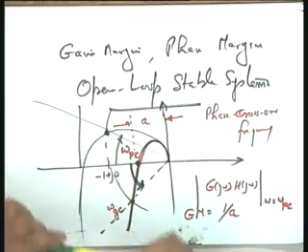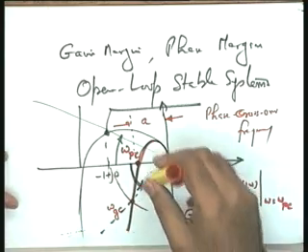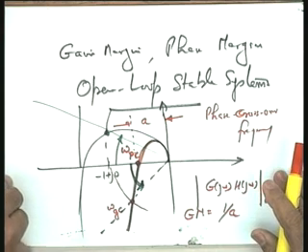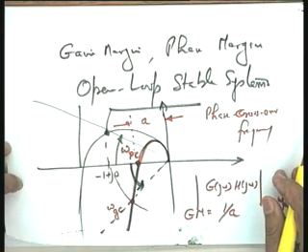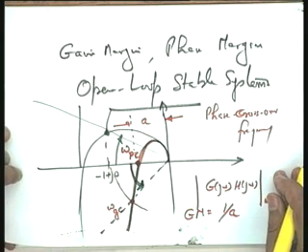Okay? So, these are the qualitative indices, and you will find that the phase margin and the gain margin become two very important performance specifications of a system for design in the frequency domain. That is why it is said that the design in the frequency domain is centered around the gain margin and the phase margin.